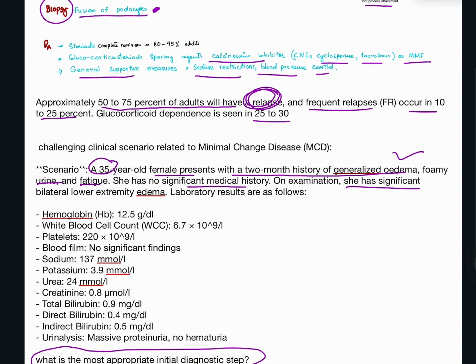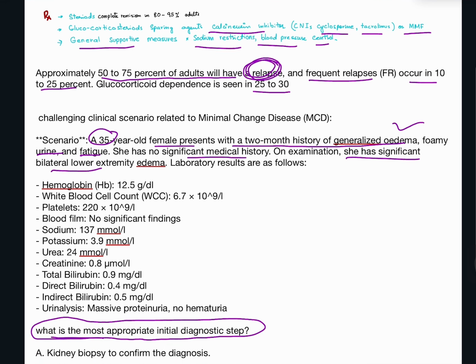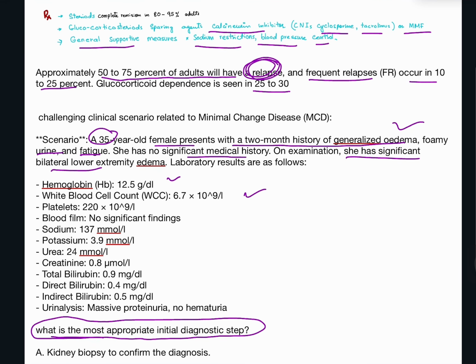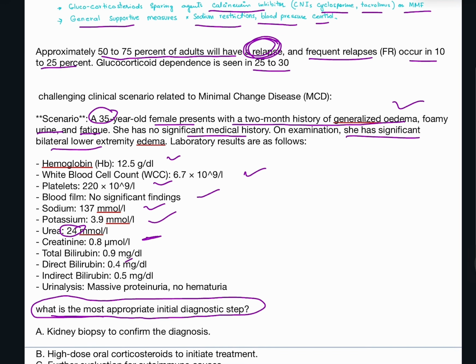On examination, she has significant bilateral lower extremity edema, and the labs are as follows: hemoglobin and white cell counts all right, platelets all right, blood film no significant findings, sodium and potassium all right, urea raised at 24, creatinine 0.8, total bilirubin 0.9, direct bilirubin 0.4, indirect 0.5, and there is massive proteinuria and no hematuria.